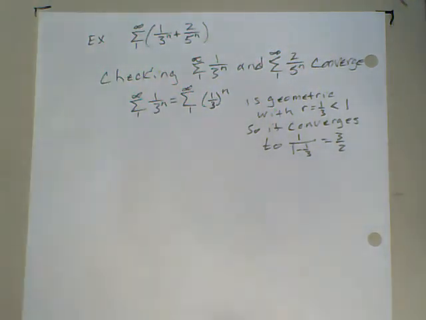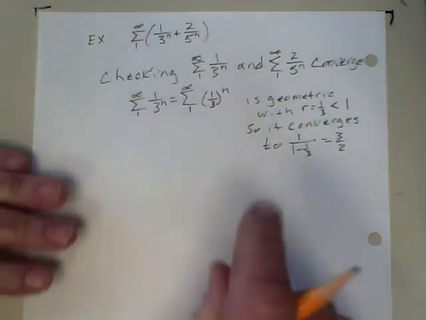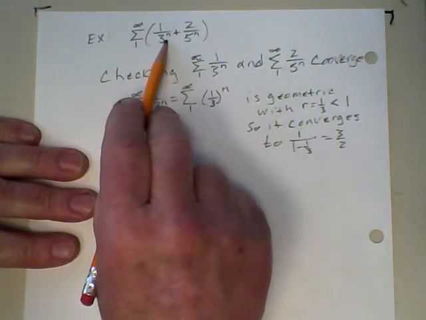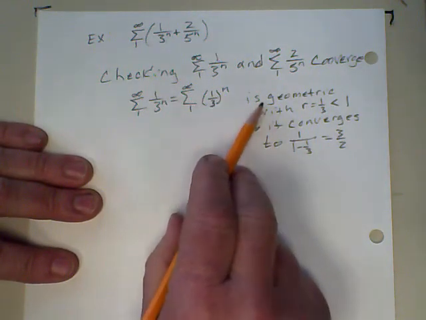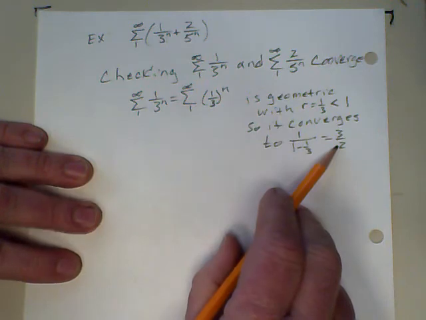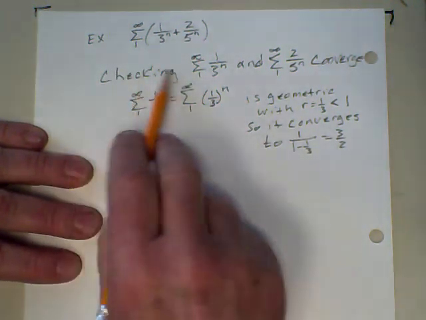Okay, 1 minus 1/3 is 2/3, invert and multiply, 3/2. Okay, so that's our A part of it. We've shown that our a sub n's converge to a certain value, capital A, just like in our theorem.